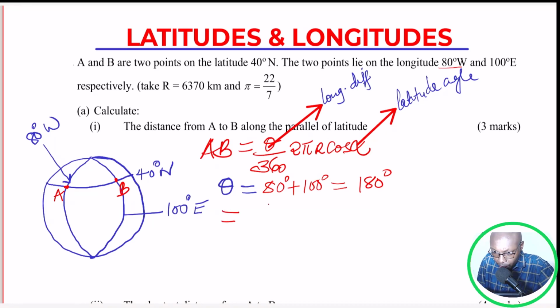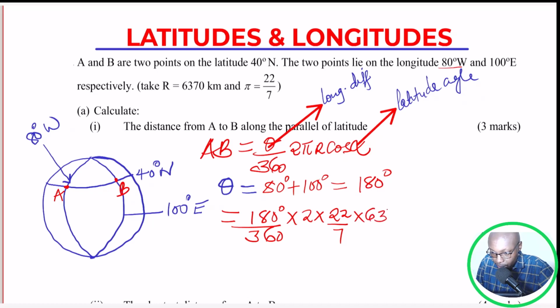Therefore distance is given by theta, 180 degrees divided by 360 multiplied by 2 times pi, given pi, times the radius of the Earth, which is 6370, then multiply by the cosine of the latitude angle, which is 40. It is as simple as this, and at this point you just need to key this in the calculator and get the answer.